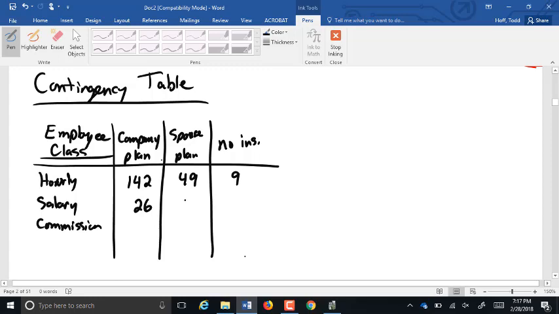We have 10 that are on the spouse's plan and 4 that choose to say, no way. For those who are on commission, we have 2 that are on the company plan, 1 that's on a spousal plan, and 2 that say, nope.